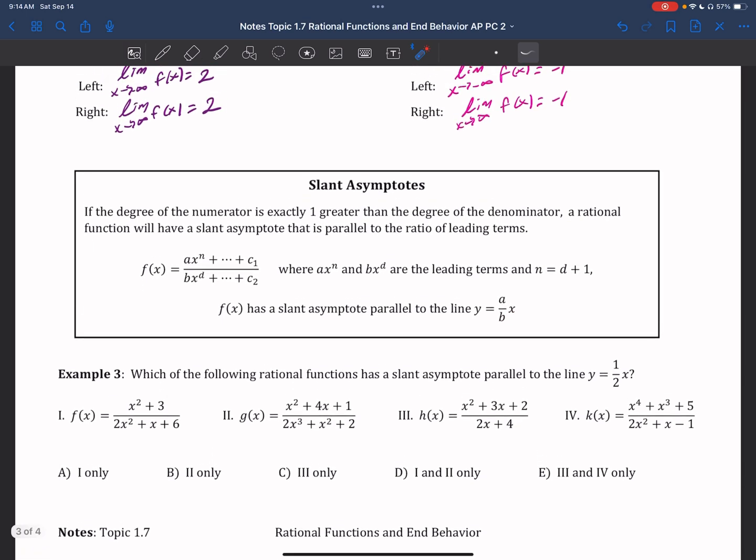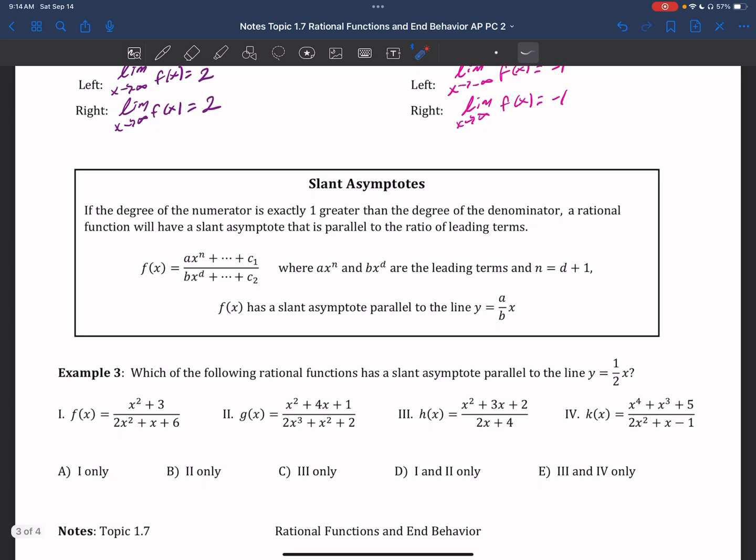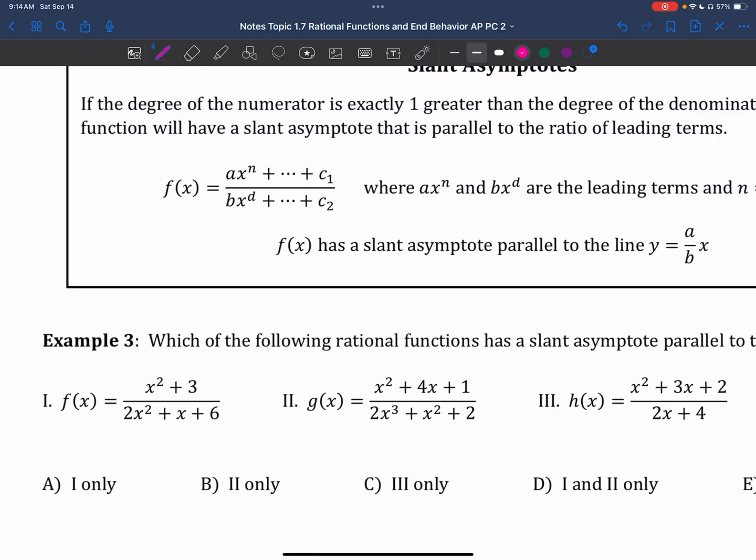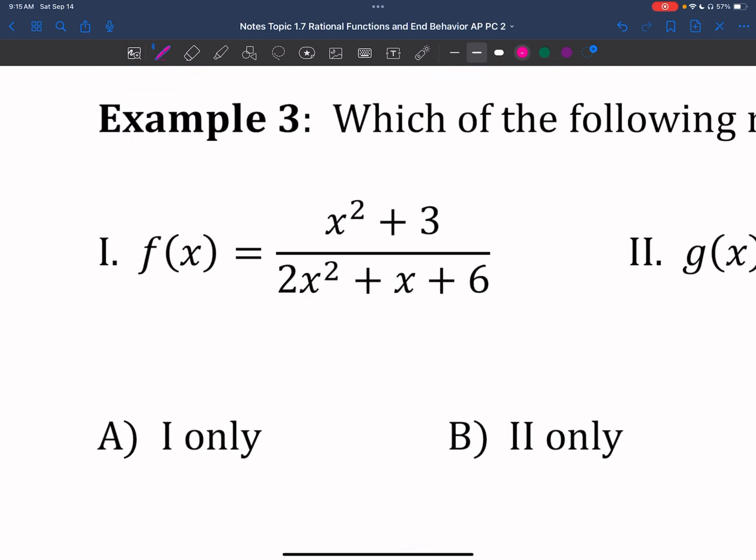So example number 3, or your last example, is asking which of the following rational functions has a slant asymptote parallel to y equals 1/2 x. So I'm going to do this fairly quickly, looking at the first one, f of x equals x squared plus 3 over 2x squared plus x plus 6. I look at the degree of the numerator, which is 2. Look at the degree of the denominator, which is also 2.